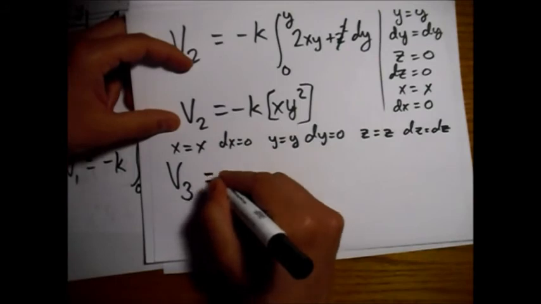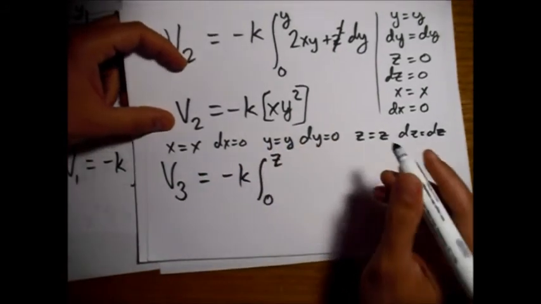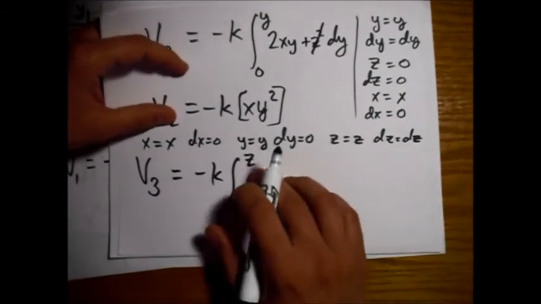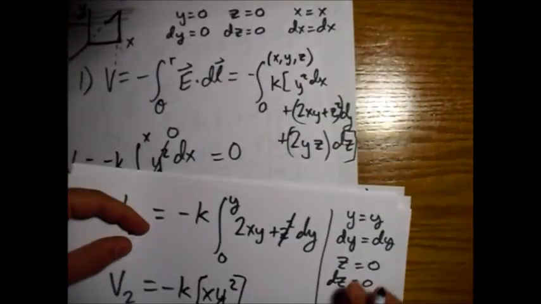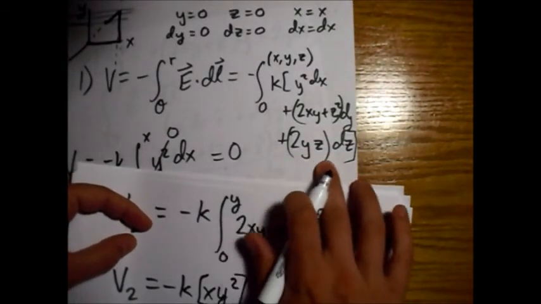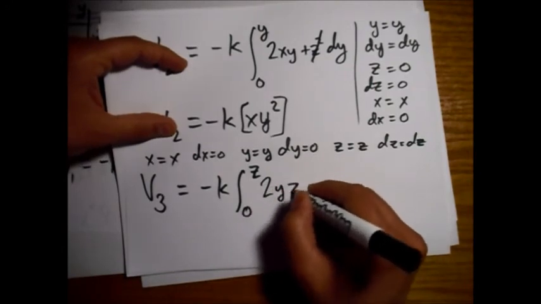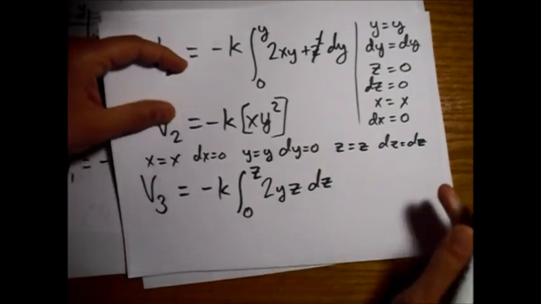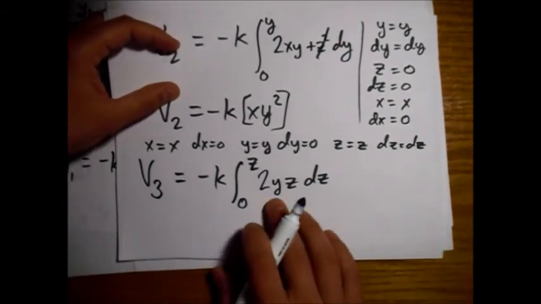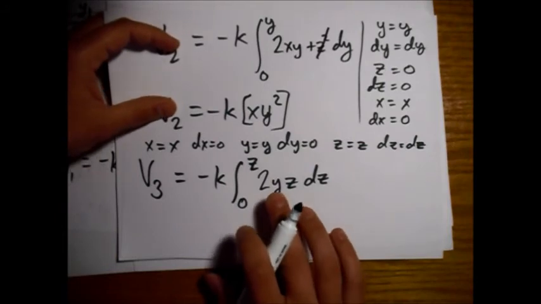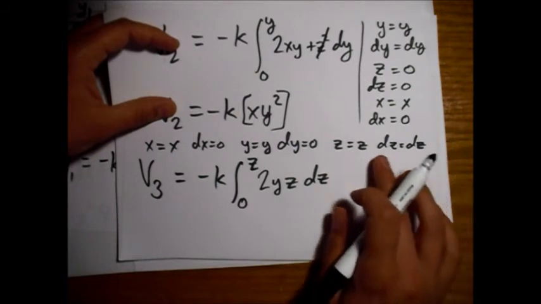And we write out our integral along this path. We're going from 0 to z in the z direction. And so we have 2yz is our integrand. And again, y doesn't equal 0 anymore. y equals y.